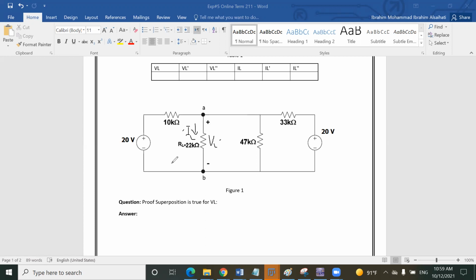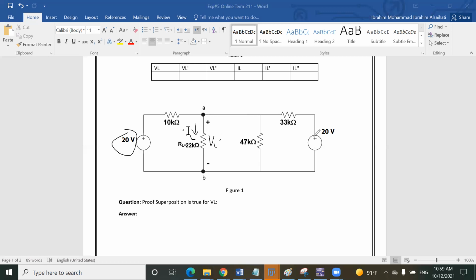Now, what do you do in the theory to find VL prime, or VL1, due to this source, and VL double prime due to the other source? To do that, theoretically, you activate all sources but keep one.